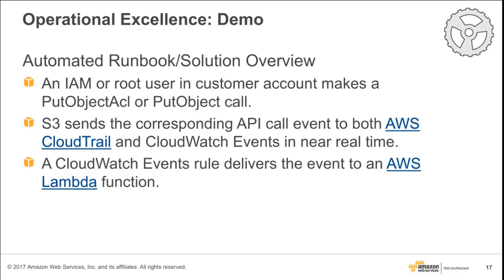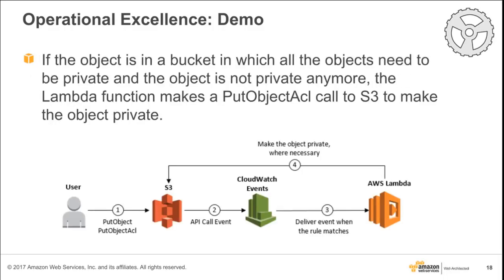S3, upon receiving that call, sends a corresponding API call event to both AWS CloudTrail and CloudWatch events in near real time. The CloudWatch event rule then delivers the event to an AWS Lambda function.